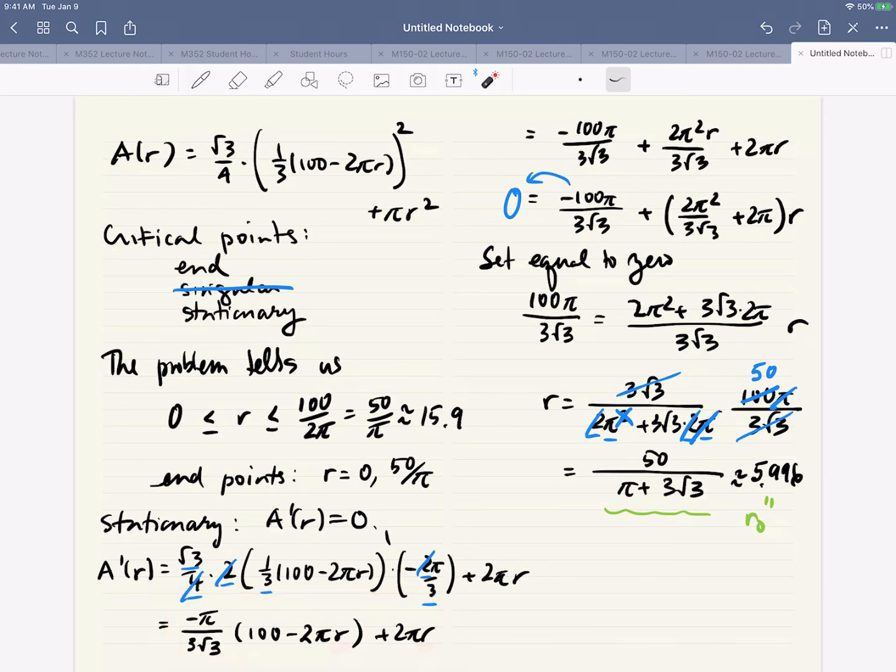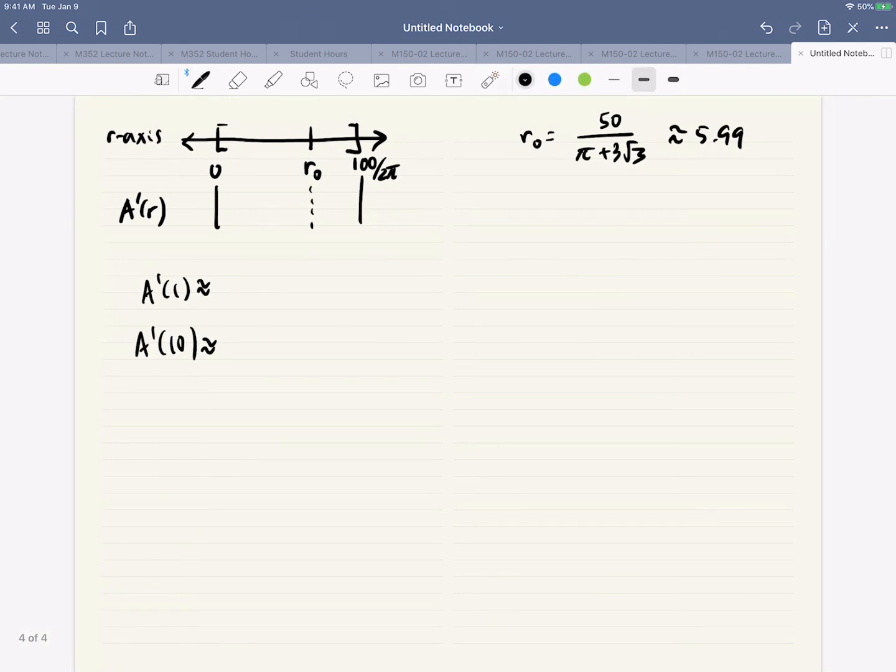So if I plug in 1 for r, and if I plug in 10 for r, you'll see what I get is at 1, I get approximately negative 50.4. So my derivative is negative there. If I plug in 10, my derivative is approximately 40.4. So that's a positive there. That tells me my function's going down to the left of r0 and up to the right of r0.